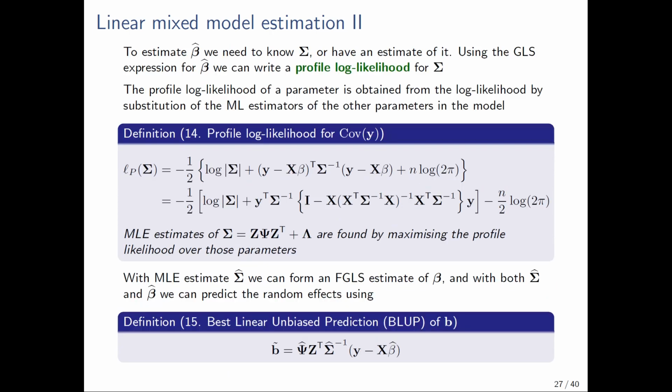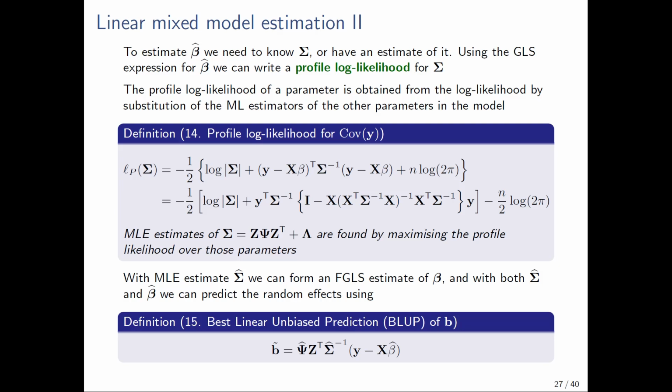Now, to compute the estimator, we need to know sigma or have some estimate of it. And the way we proceed is via what's known as a profile log likelihood for sigma. The profile log likelihood of a parameter is obtained from the log likelihood by substituting in maximum likelihood estimators of the other parameters.